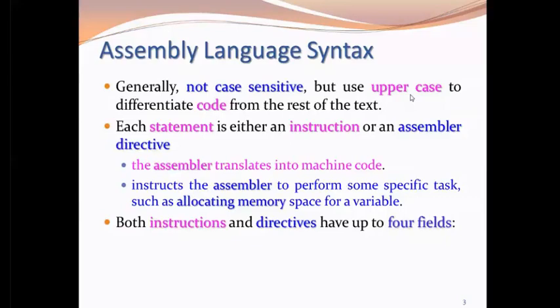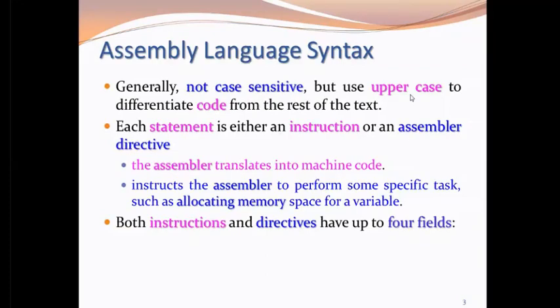And every statement is either an instruction or an assembler directive. So you can consider every statement of assembly programming as an instruction or an assembler directive. If it is an instruction, you need to convert it to the machine code.